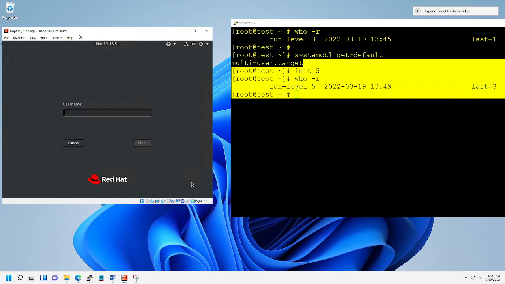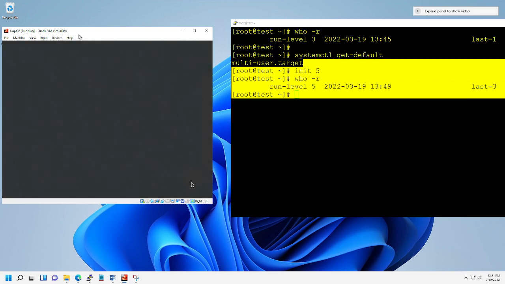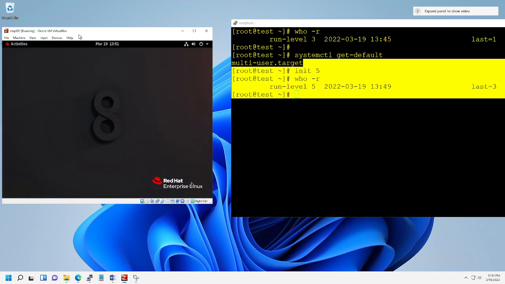I'm going to log in here as root and put in my secret password, Red Hat. Okay, there you have it.